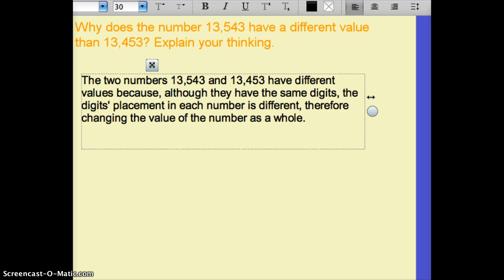Okay, so I've just set the tone here: same digits, different positions, and because they're in different positions, the values of the two numbers are different.